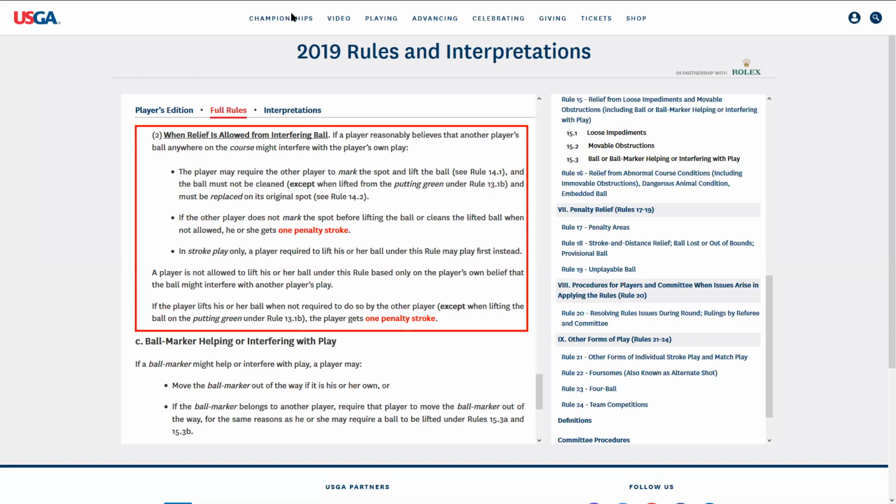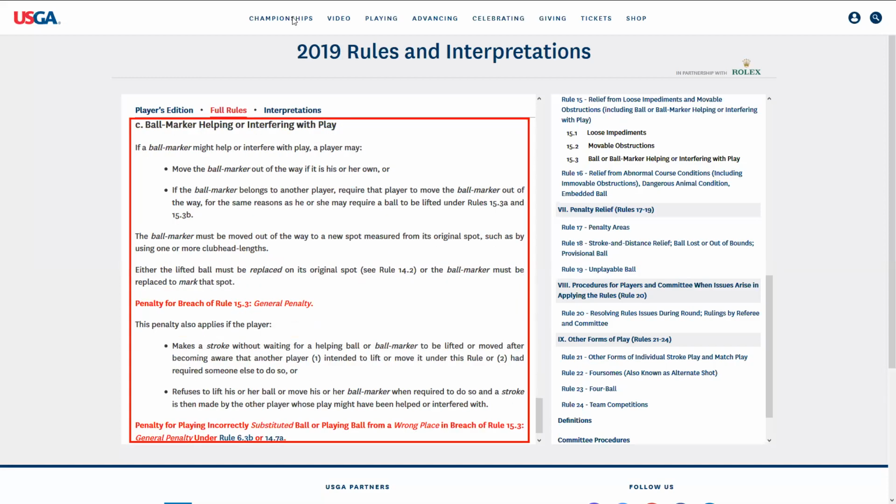Ball marker helping or interfering with play. Basically what 15.3c is saying is the ball marker is treated the same as a ball. If a ball marker might help or interfere with play, a player may move the ball marker out of the way if it's his or hers, or if the ball marker belongs to another player, require that player to move the ball marker out of the way for the same reasons as he may require a ball to be lifted.